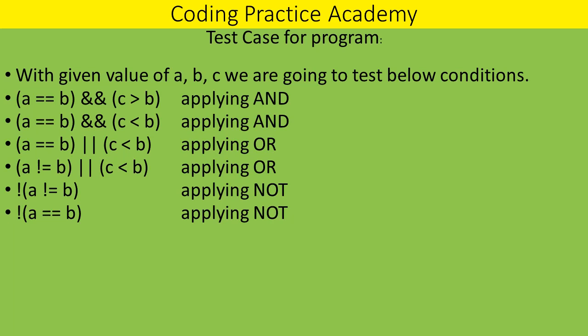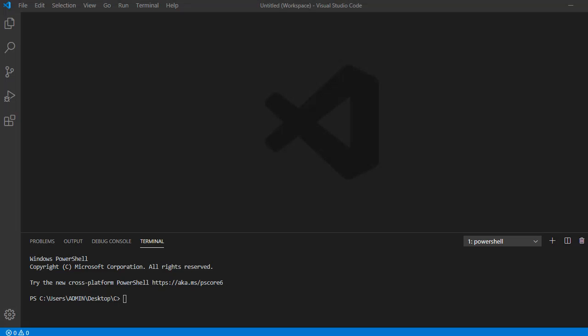Let's implement this test case scenario in the practical program. Now let's try to implement the concept we learned in logical operators. As of now, we already know that there are three kinds of logical operators: AND, OR and NOT, and there are some relational operators.